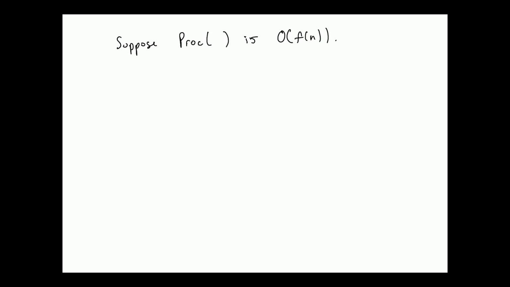In our example for bubble sort, the f of n was n squared. Merge sort, we'll take Wikipedia's word for it right now, is O of n log n, and other algorithms have other complexities.